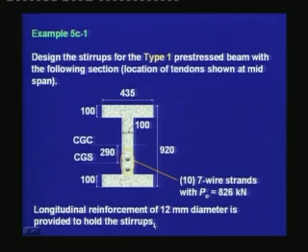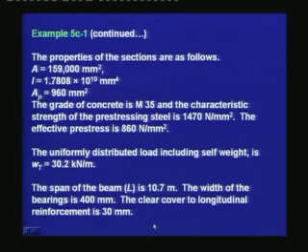Longitudinal reinforcement of 12 millimeter diameter is provided to hold the stirrups. The properties of the sections are as follows. Area is given as 159,000 millimeter square. The moment of inertia I is equal to 1.7808 times 10 to the power 10 millimeter to the power 4.